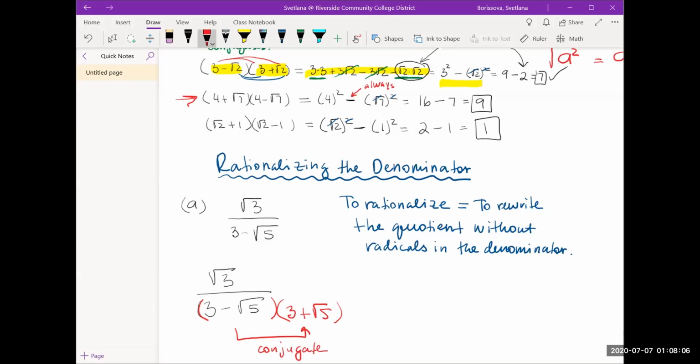The only thing is, remember, when we work with fractions, we cannot just multiply the denominator by something that we need or want to. What else do we need to do to keep the fraction representing the same quantity?